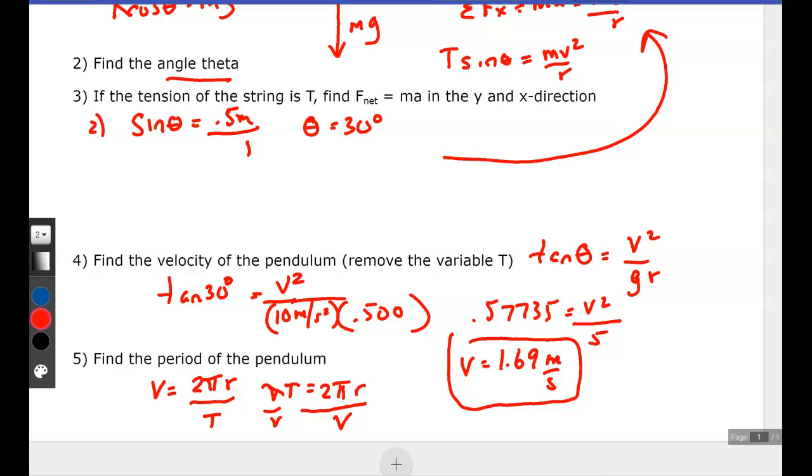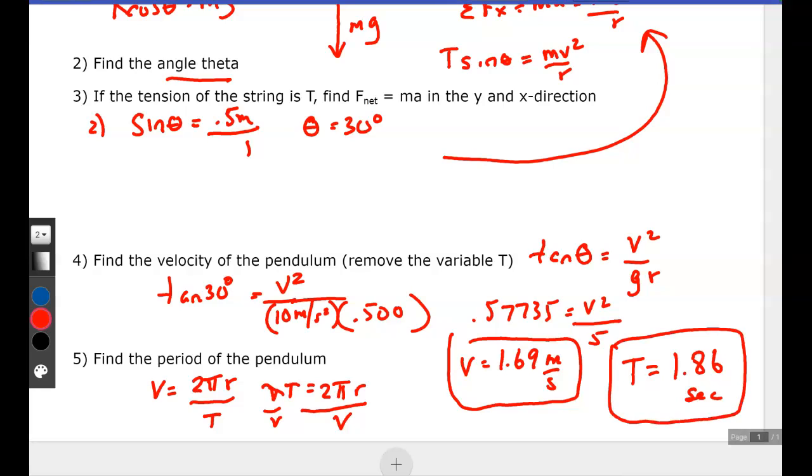Remember the radius is 0.5, so 2 times 3.14 times 0.5, divided by 1.69, and I'm getting 1.86 seconds. That's the time to go one time around, that's what its period is.